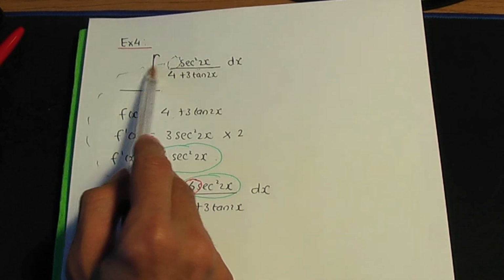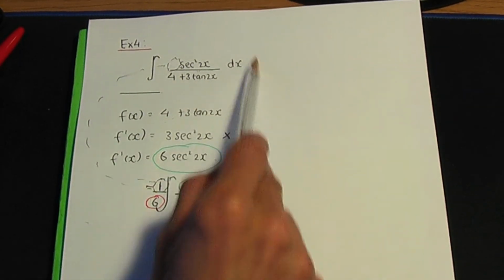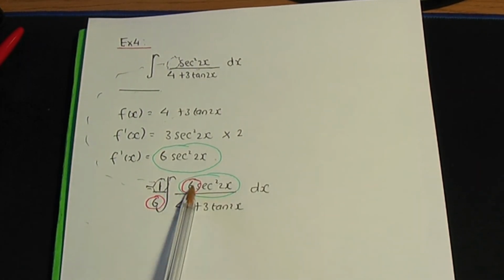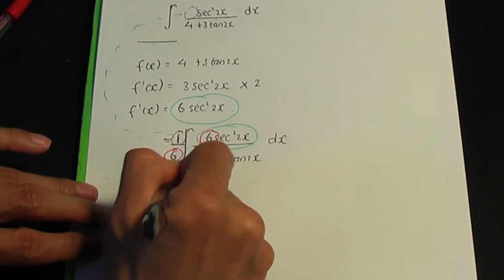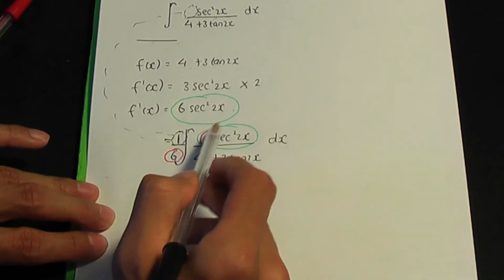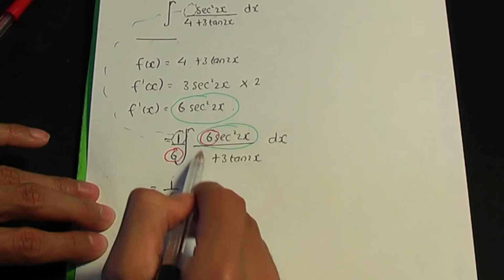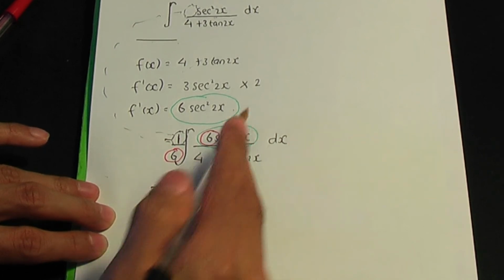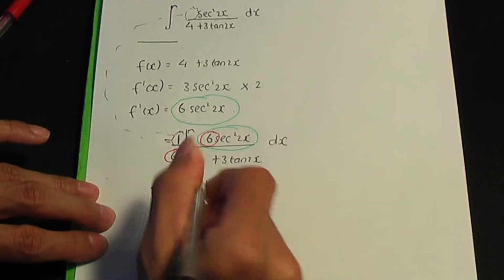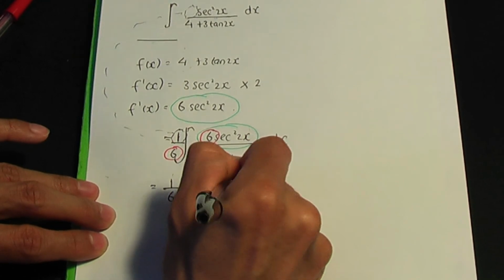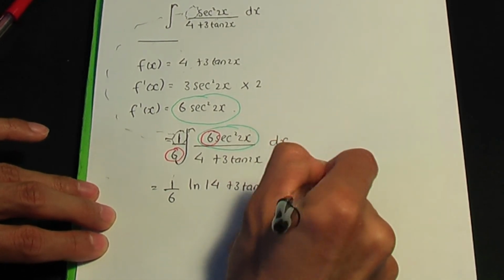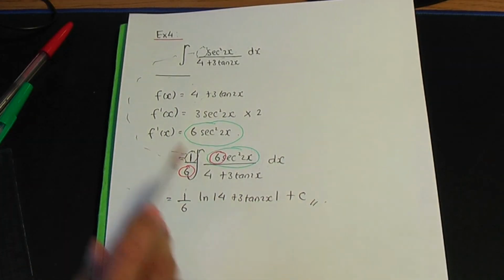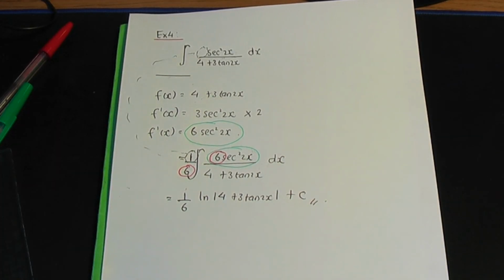This integral should be the same as the integral that you have in your question. 1 over 6 times 6 is 1. Okay, so we're all good so far. So the answer is 1 over 6. This integral is of the form f primed over f of x. So the answer is ln the modulus of f of x, 4 plus 3 tan 2x, plus c. So that is the solution to example 4.